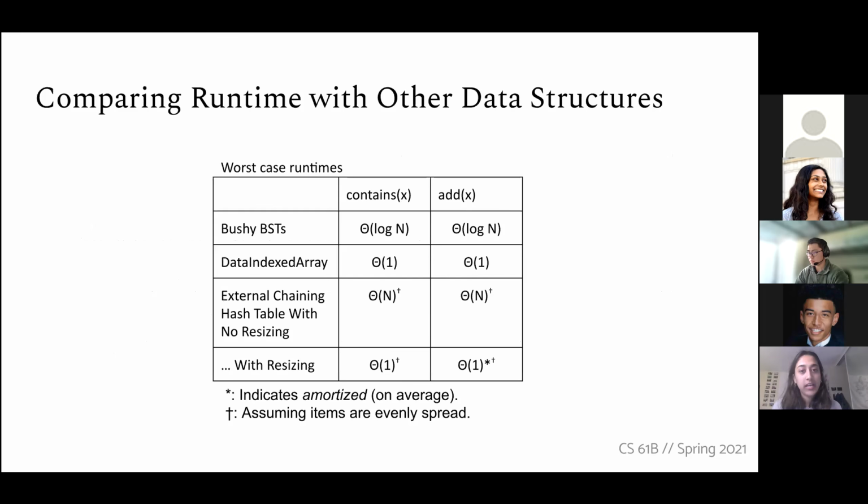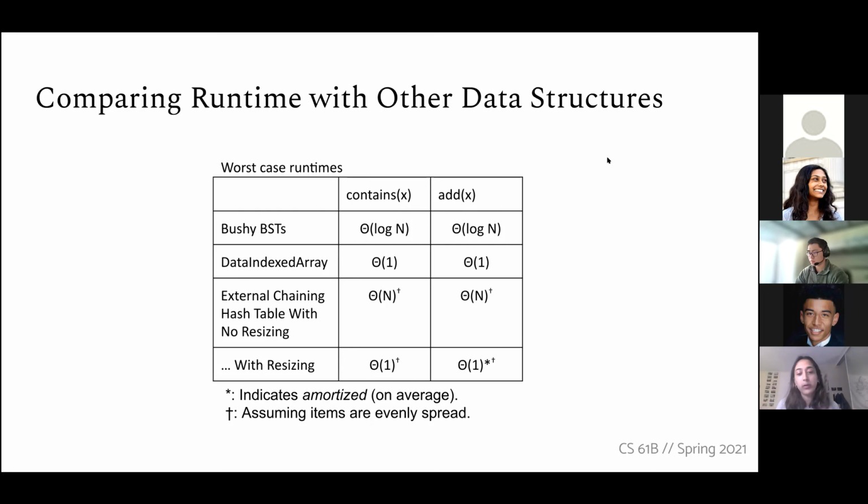So if you want to compare the runtime of a hash map or hash table with other data structures, it's actually pretty good, right? You would be able to use the contains method and the add method, and both of those are going to happen in constant time if you have a good hash function. While for other data structures that we looked at, like binary search trees, a data indexed array, or a hash table that has no resizing, they're worse. If you have no resizing, that means it's going to allow collisions, and you're basically going to end up with that linked list structure that we were talking about earlier.